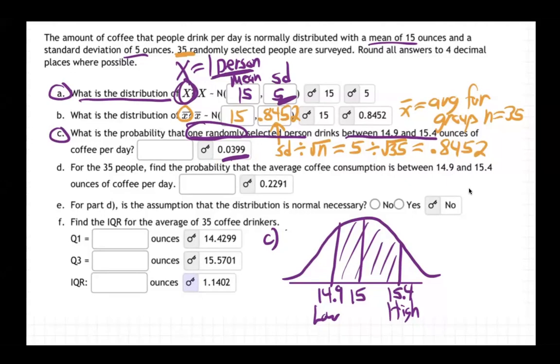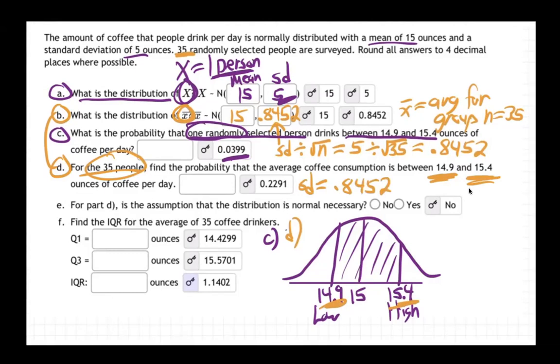Now, part D, I'm going to couple D with B. These go together because this is for the 35 people, which is X bar. See, it's the same numbers again. So part D is the same graph. It's still going between 14.9 and 15.4. The only difference is it's for 35 people. So for D, we're going to use the new standard deviation, 0.8452.